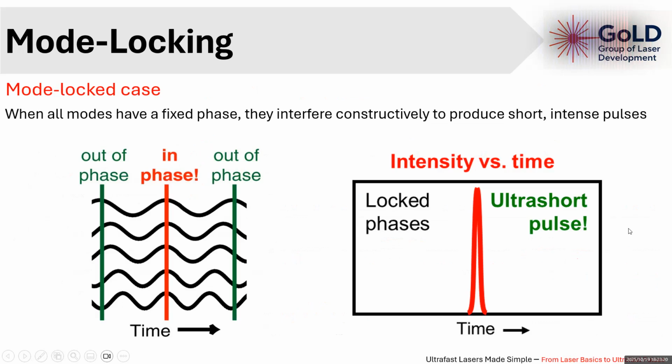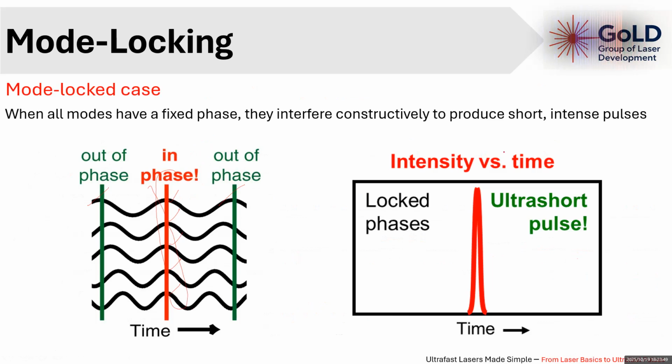Here what you have is a mode lock case. So what is the difference between the mode lock and non-mode lock case? You can clearly see here, this portion is still out of phase, this portion is still out of phase, but this portion is in phase. These waves have the same phase, so these phases are locked.